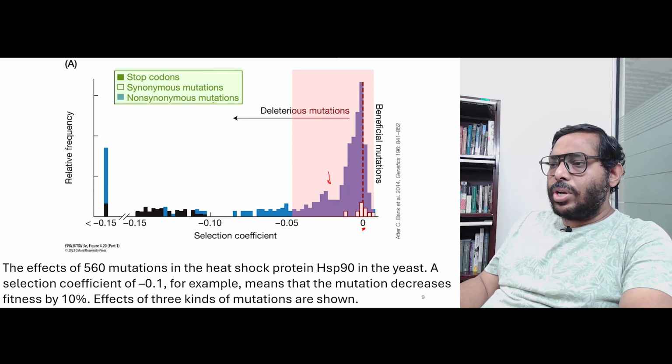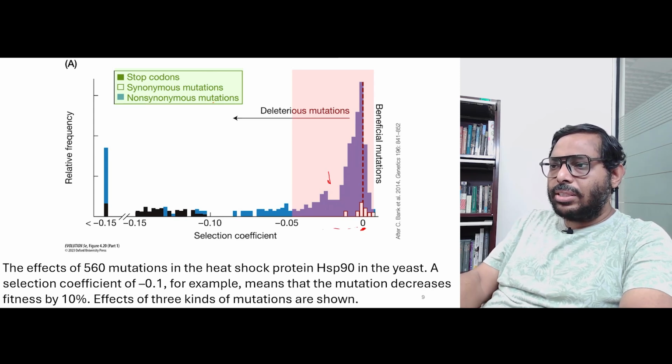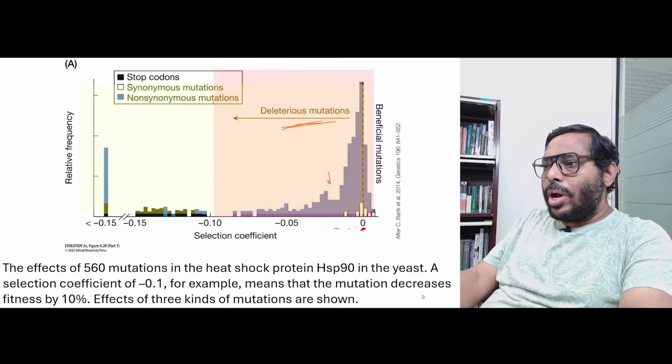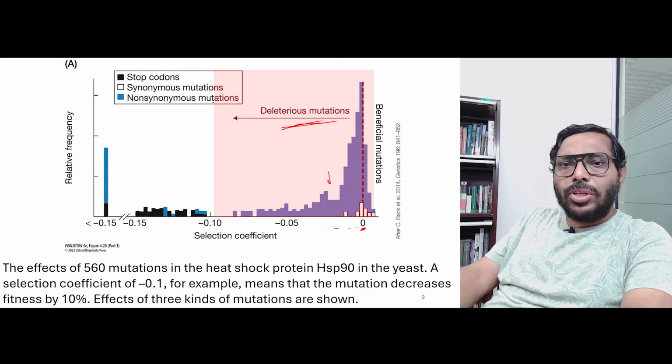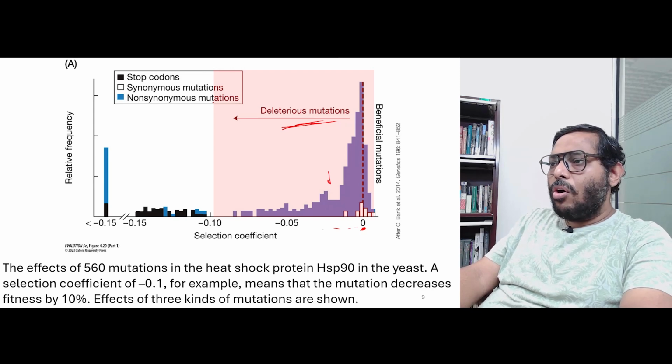So, what they did was they scaled it in such a way that the one which did not have any mutation, that one is called 0. Okay. And then, all the ones which are having mutations which are leading to bad effects, the deleterious ones, they are on the left side, and all the ones which are leading to a positive effect in terms of survivorship, reproduction or whatever, all those are on the right side of this line.